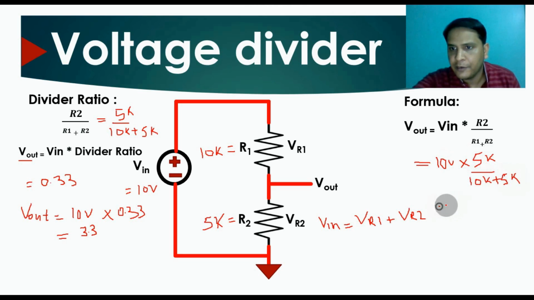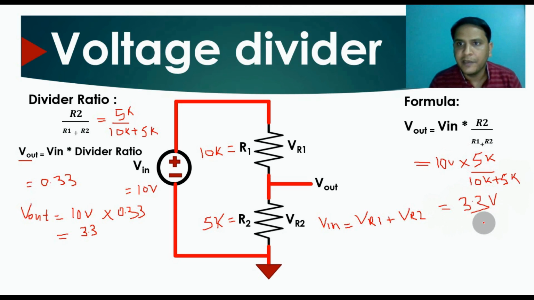This will also give you 3.3 volt. Basically, these two methods are the same. It's up to you. If you want, calculate the divider ratio and then multiply with the input voltage. So you know that now your VR2 equals 3.3 volt.